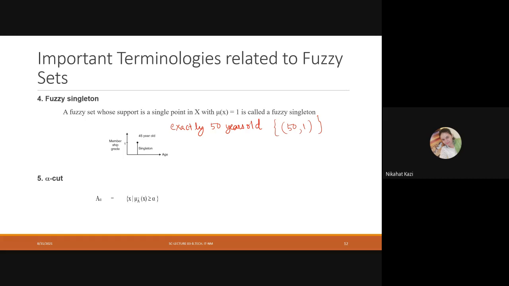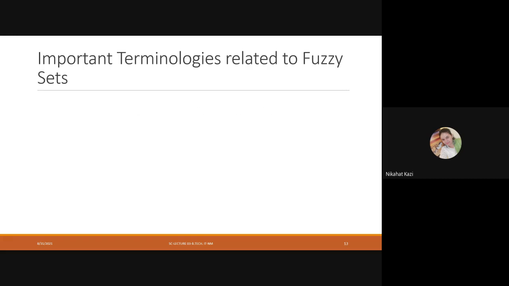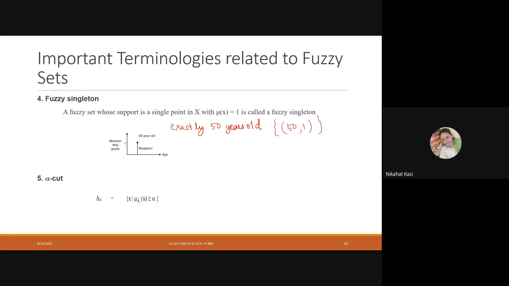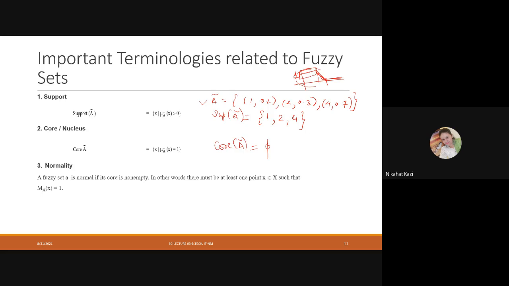If I talk about this particular fuzzy set that we had defined, what is A 0.2? I have written alpha cut as A alpha, where alpha is 0.2.